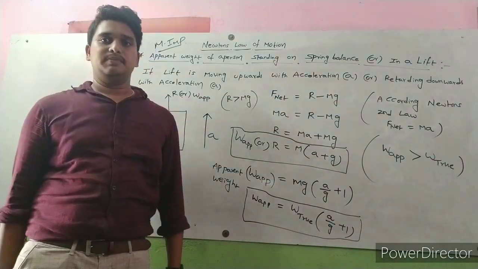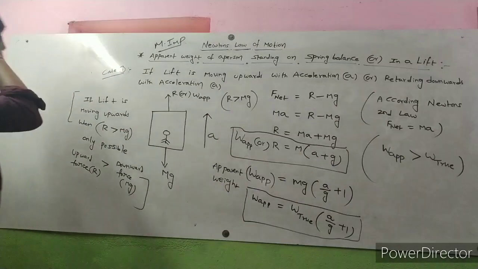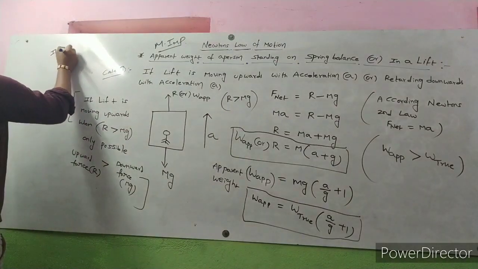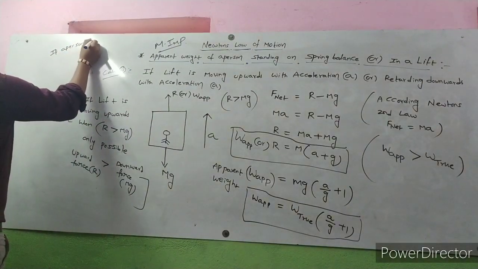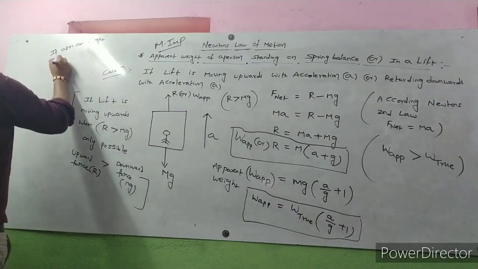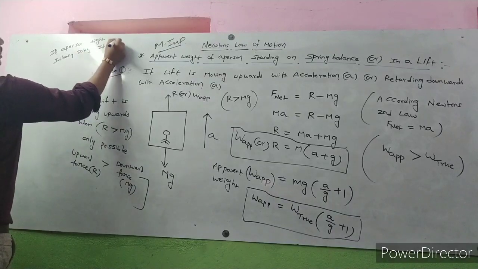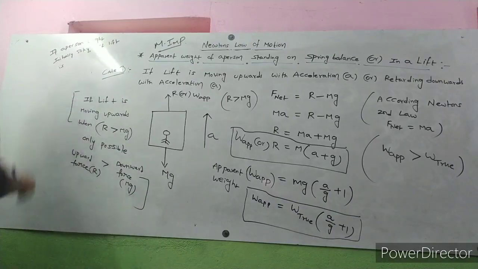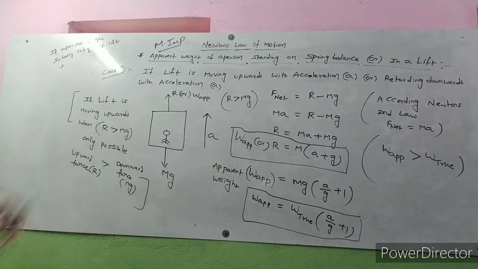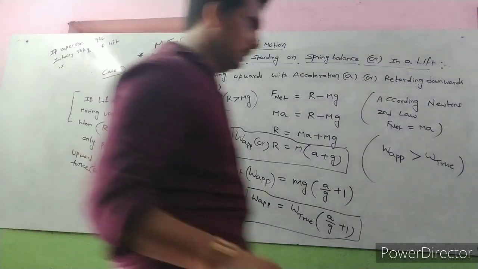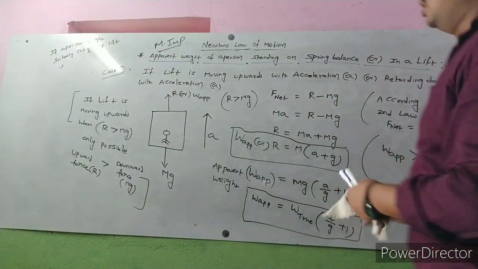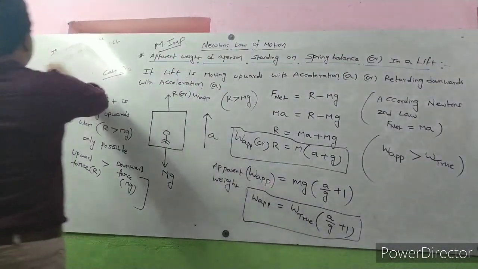For example, if a person initially weighs 50 kgs and the lift is moving upwards, then what is his weight? I'll explain with one example. Definitely you will understand.